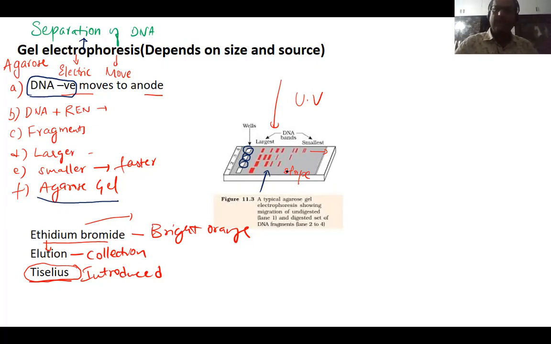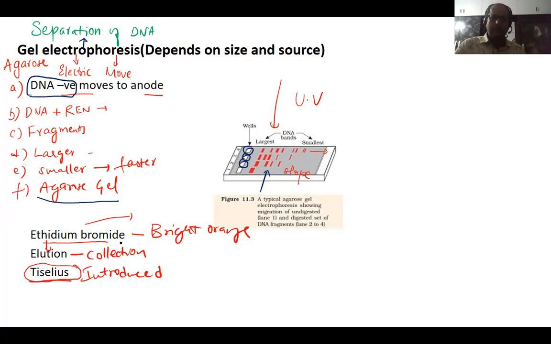Now once the fragments are separated and they are on the slope, quite near to the anode region, what is the guarantee that the fragments are separated? For that, we have to add a color called ethidium bromide.